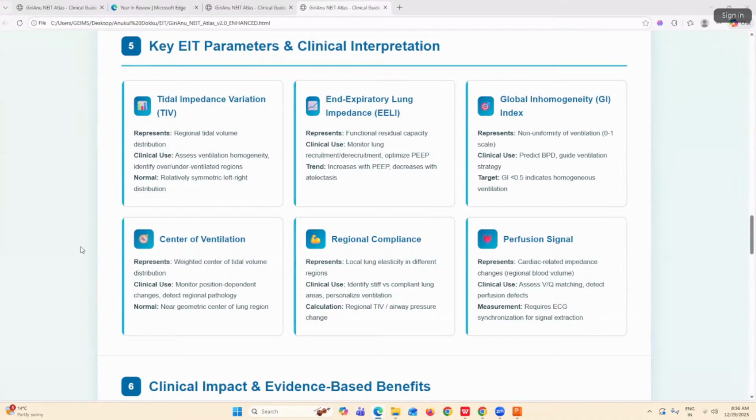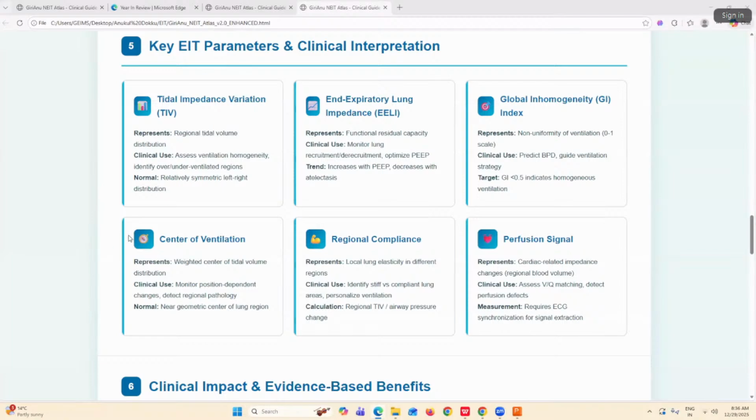The global inhomogeneity index represents non-uniformity of ventilation. The center of ventilation represents the weighted center of tidal volume distribution, and the clinical use is to monitor position-dependent changes and detect regional pathology. And with regional compliance, local lung elasticity in the different regions can be studied.